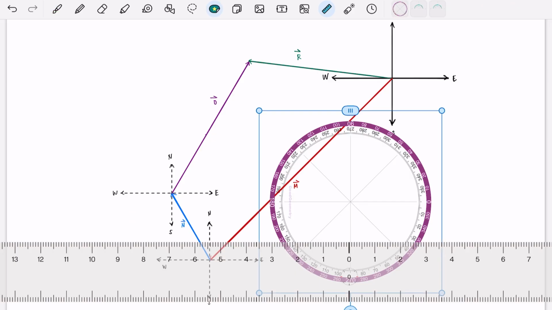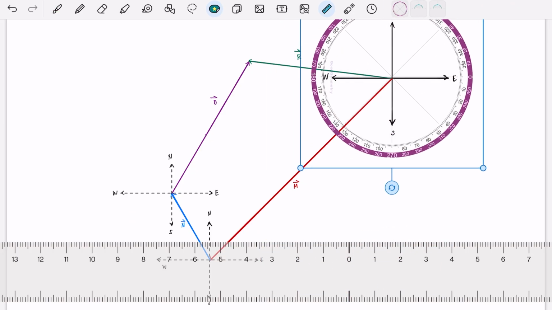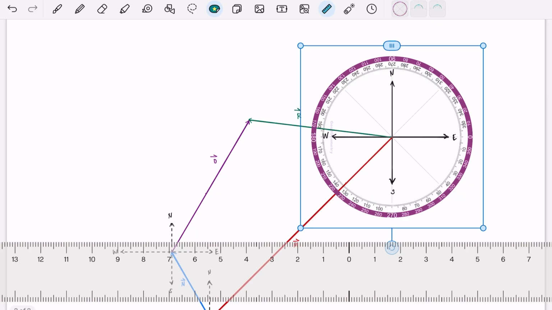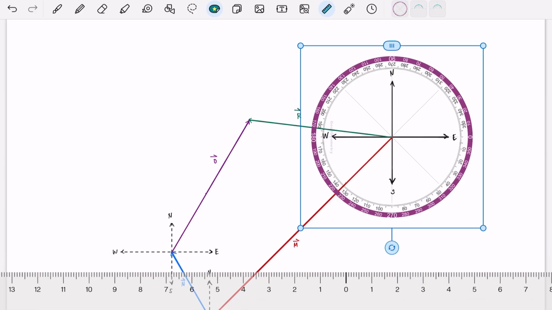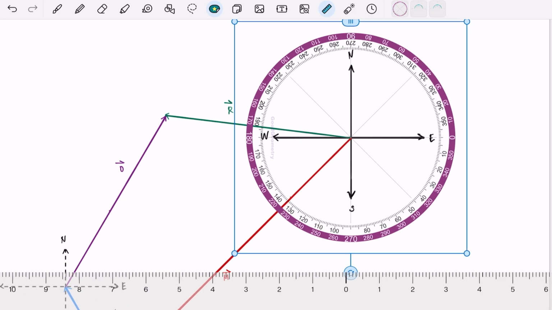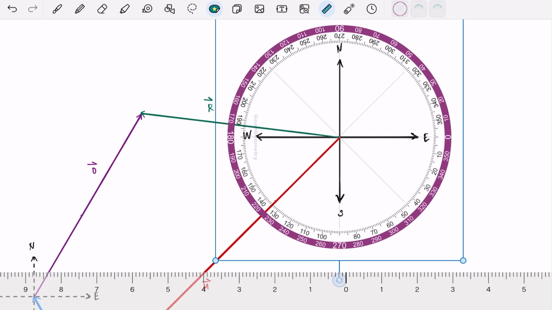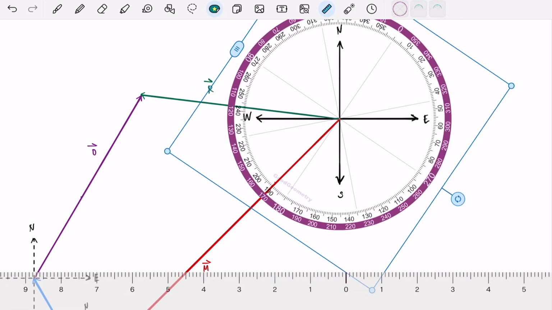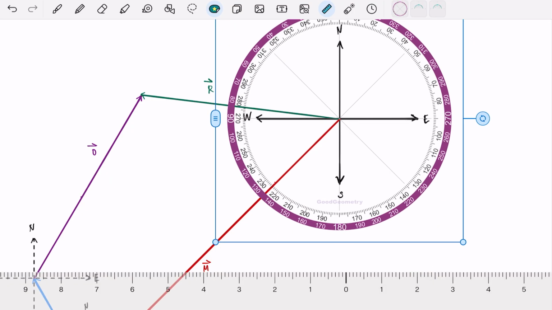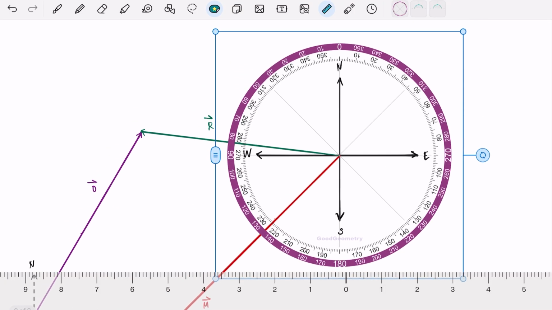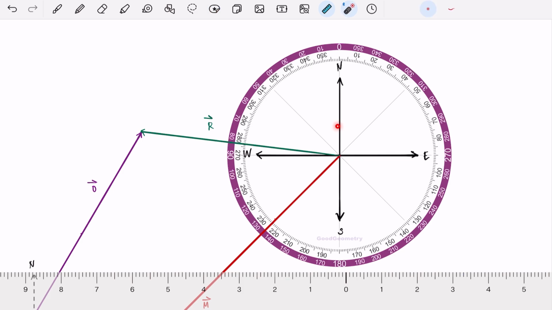On this one over here, I'm going to get the direction. I have 2 ways of getting the direction, and I want you to listen to this one. The first one is the easy one, like this. Let me tilt this for easier reading. Notice what I did here: I'm going to measure this angle from north going towards the green one, which is my resultant vector. As you can see, this is 0, this is 10, and so on.